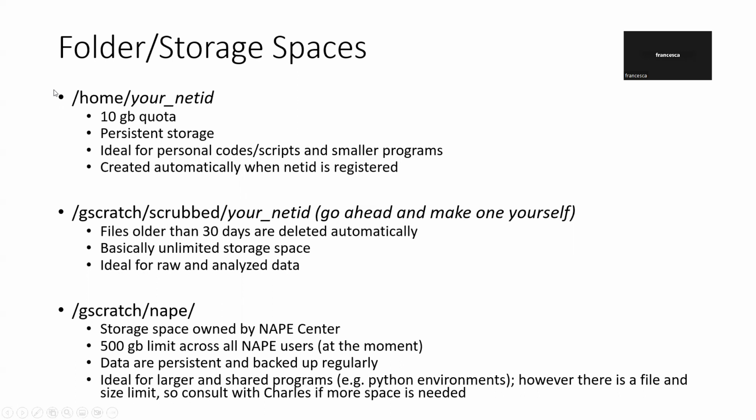Upon registering your NetID to the Hyak system, you get a home folder under your NetID. Here this would be ZOZC for me, and it consists of 10 gigabytes of storage.